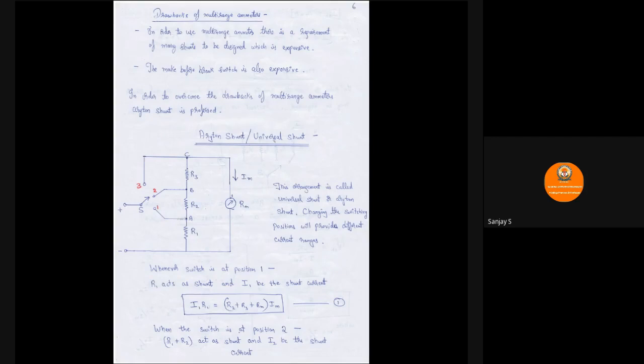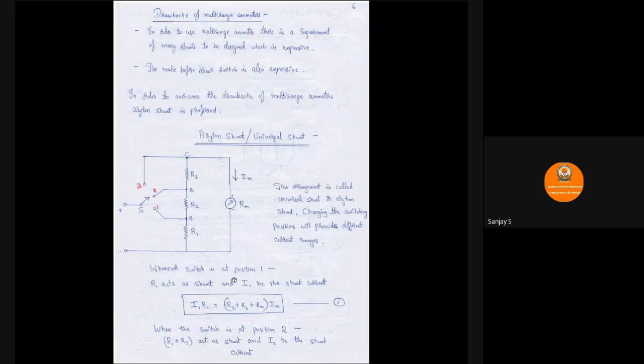Whenever it is connected to position 1, only R1 will remain in the circuit as shunt. Whenever it is connected to position number 2, R1, R2 will be in the circuit, and whenever it is connected to position number 3, R1, R2, R3 will be in the circuit.